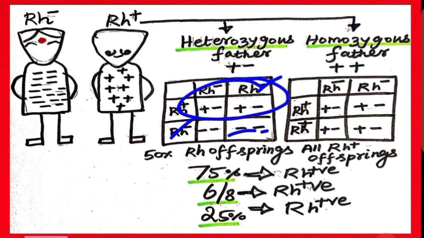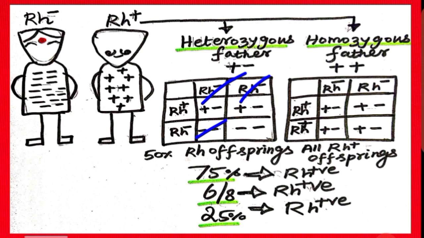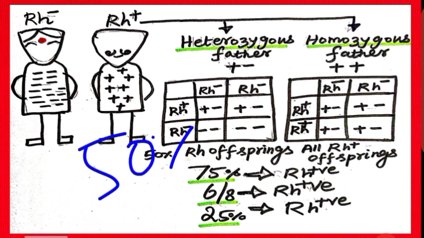The rest of the two genotypes with minus will give you an RH negative phenotype. Thus, out of 4, there is a 50% chance of getting an RH positive child. That is in the heterozygous condition.